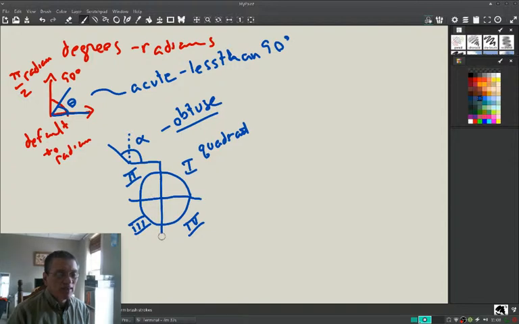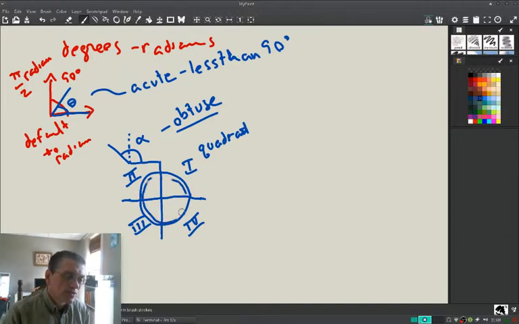You Star Trek fans will know the Alpha Quadrant, Beta, Gamma, Delta Quadrant. Pretty cool. So these are the quadrants. All acute angles are in the first quadrant. This is the second. As the angle increases, it goes through the 4 quadrants.